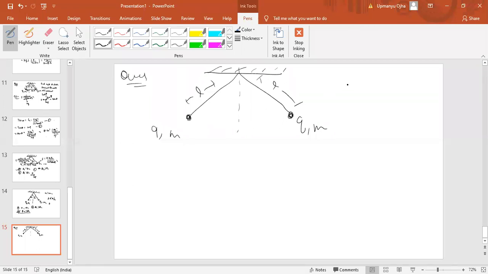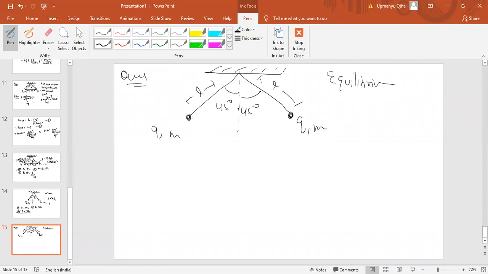In this particular case, these two balls are in equilibrium when the angle is 45 degrees from the vertical.